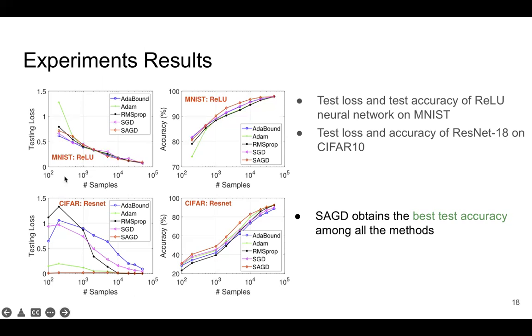As the number of data samples increases, the training loss decreases, the testing loss decreases, and the testing accuracy increases. The proposed method is SAGD here, in red. You can see the proposed method shows the best test accuracy and test loss almost among all other methods.